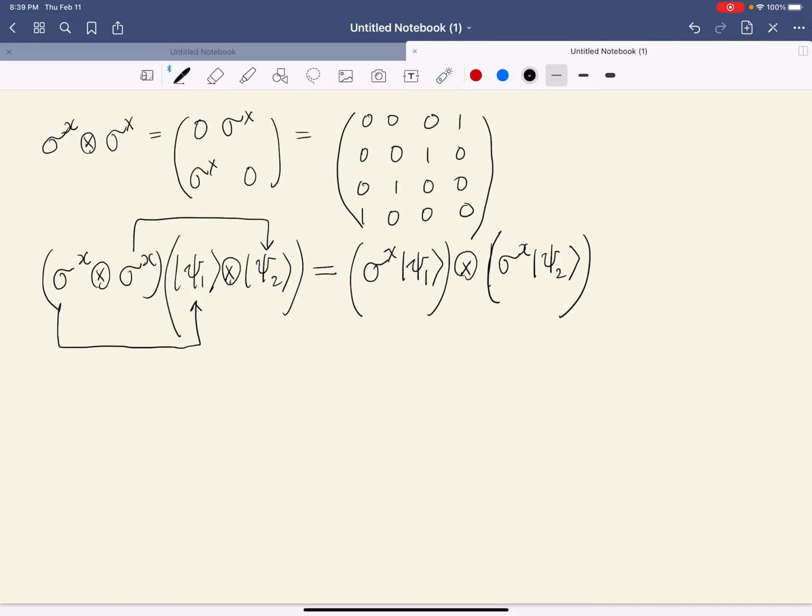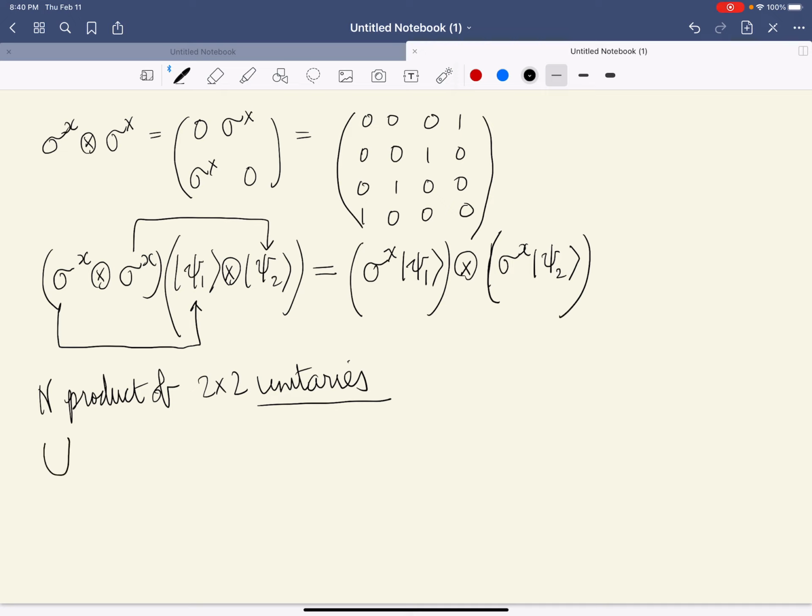So now you can generalize this idea to an n-fold tensor product of 2 by 2 unitaries. Sometimes people are lazy and they just say unitaries in place of unitary matrices.